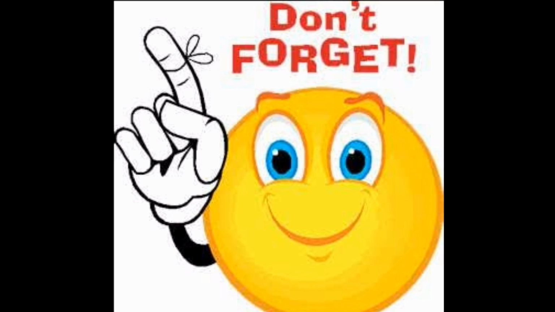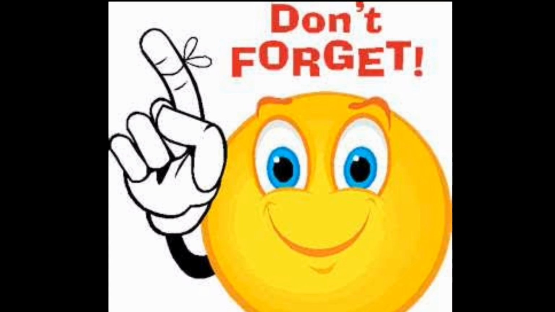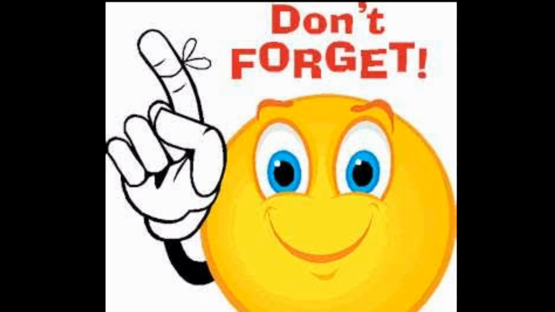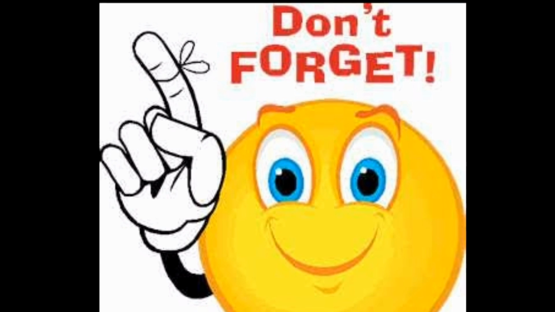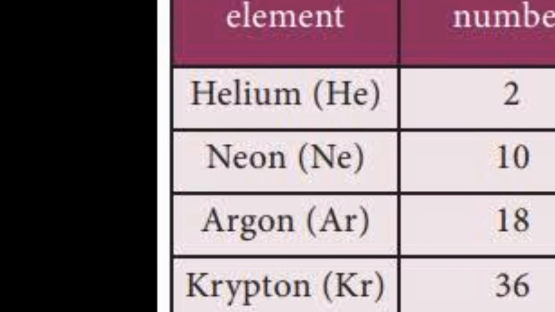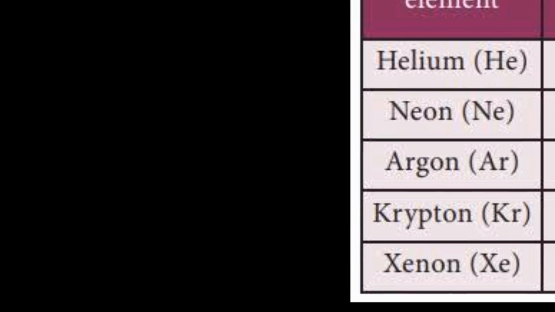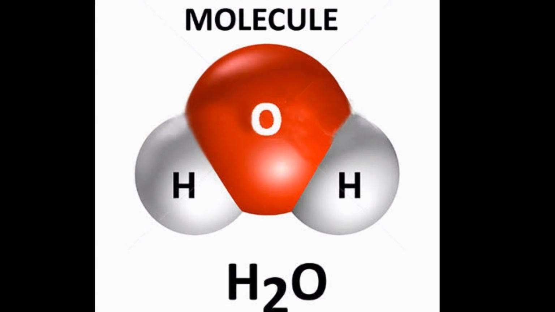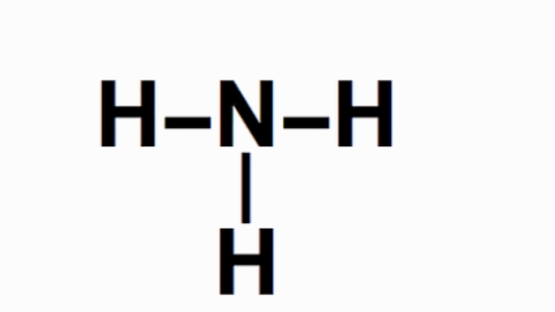So 8 electrons in the valence shell is the most stable state of an atom, and all atoms try to achieve this state. Only a few have such an electronic configuration, only the noble gases or inert gases. Those which do not have it will go in for bond formation.